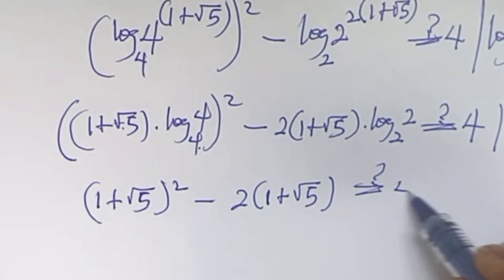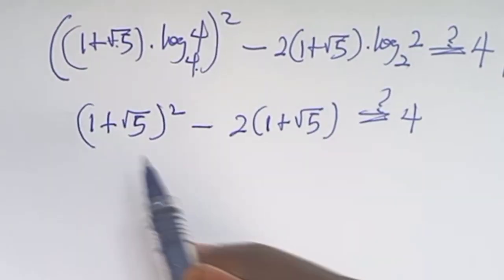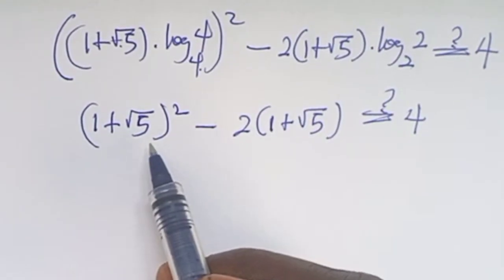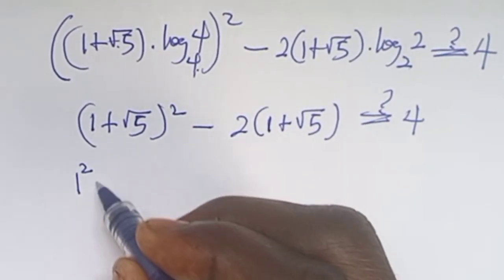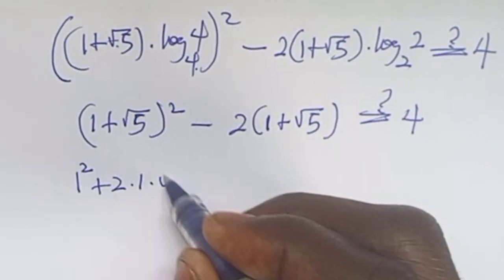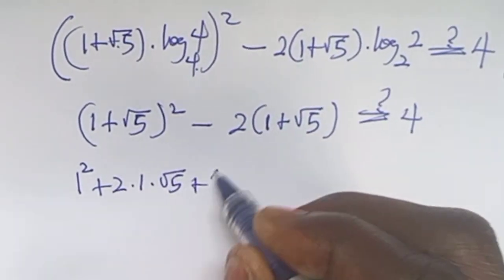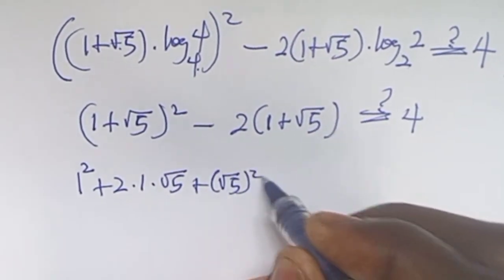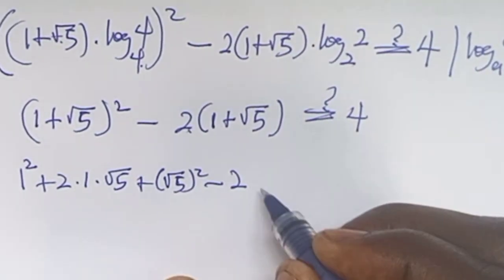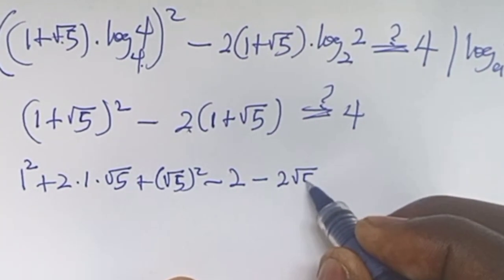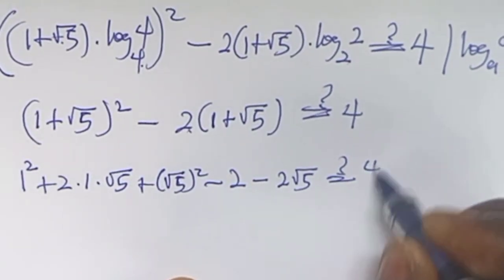Can this be equal to 4? And if you do this very well, you are going to come up with 1 to the power of 2 plus 2 times 1 times square root of 5 plus square root of 5 squared minus 2 minus 2 square root of 5. Can this be equal to 4?